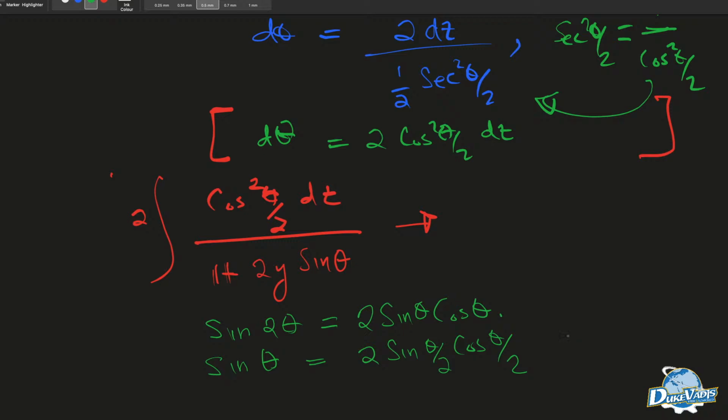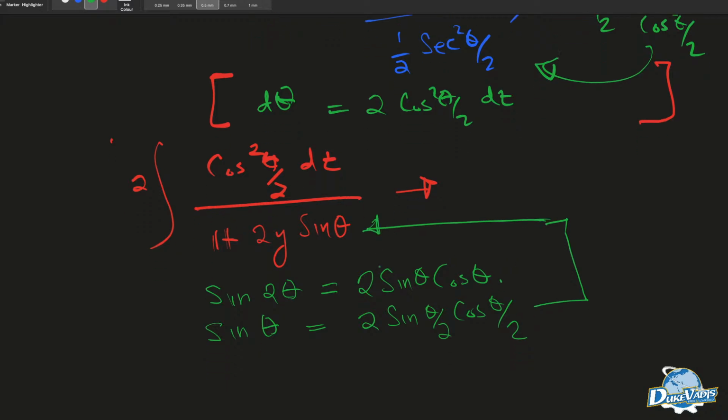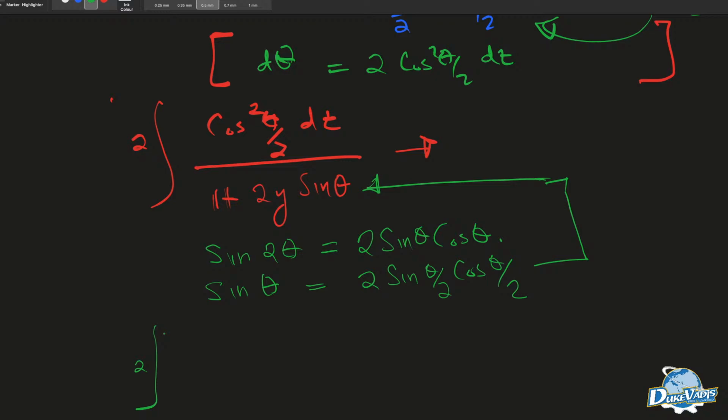So we can substitute this in place of the sine over here, so that eventually our integral will be 2 out, with pi on 2, which we know is our limit, over 0, and cos theta over 2 dz.